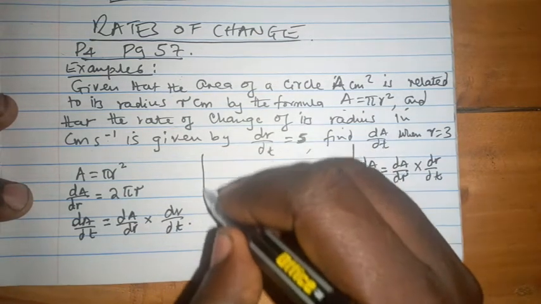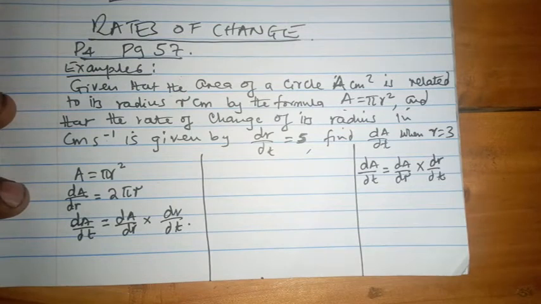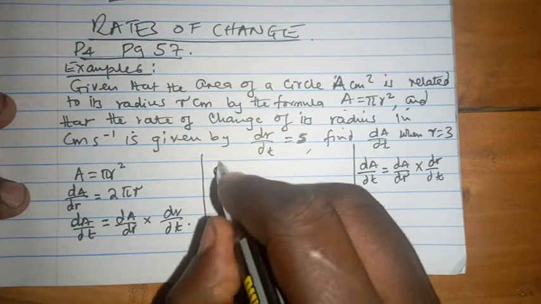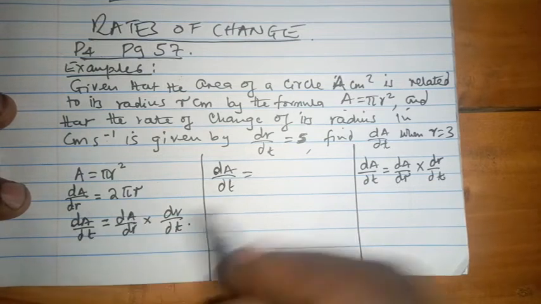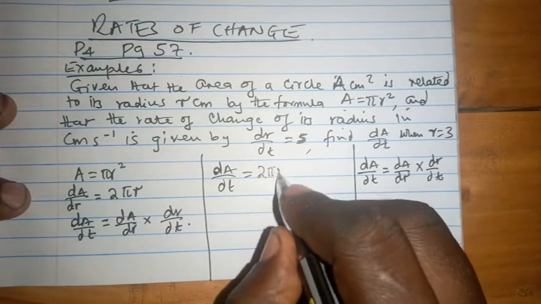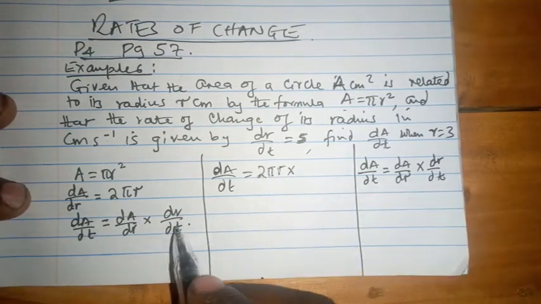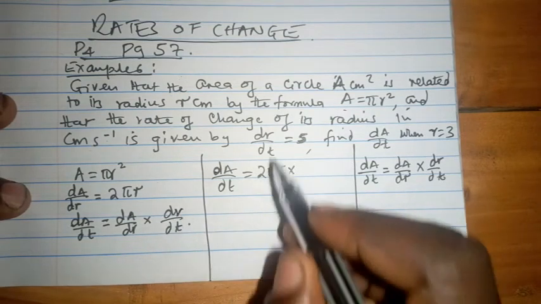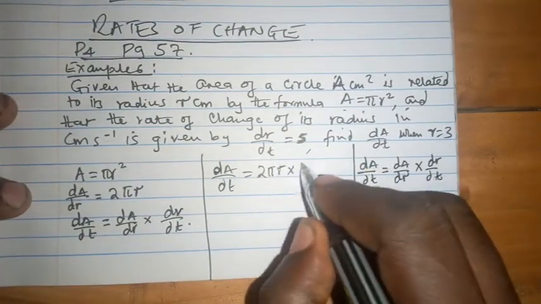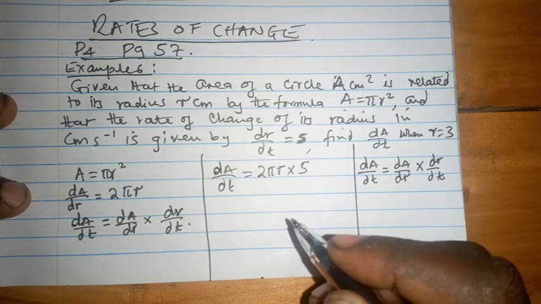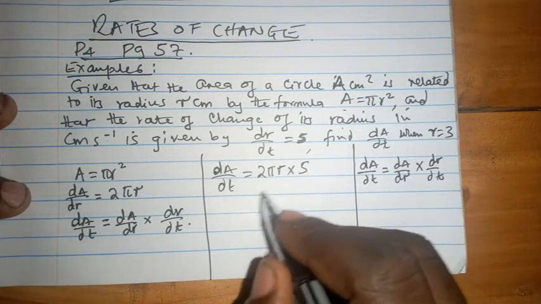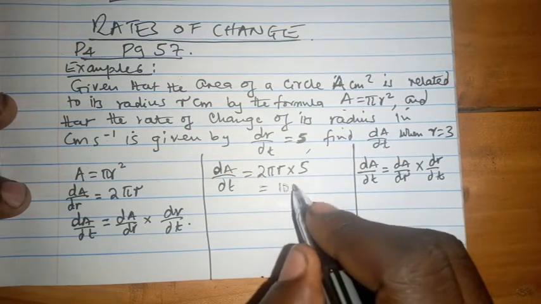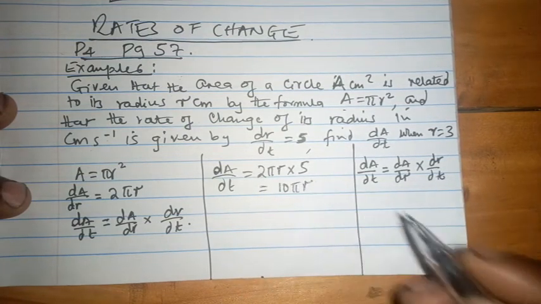The only thing we need to do here is simply substituting what we have, and we say dA dt equals dA dr, which is 2 pi r, times dr dt, which is given in the question, which is 5. And of course this now becomes 10 pi r.